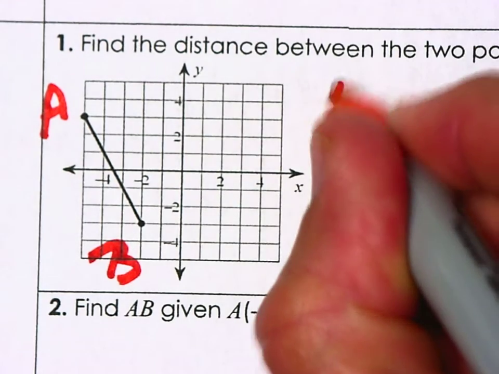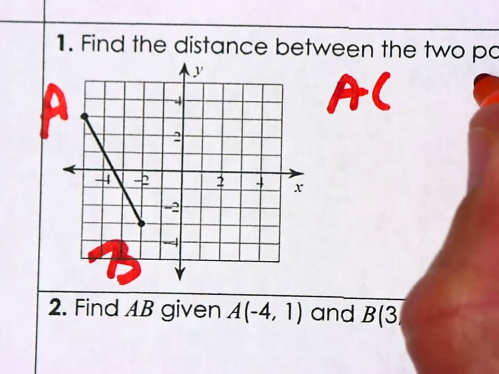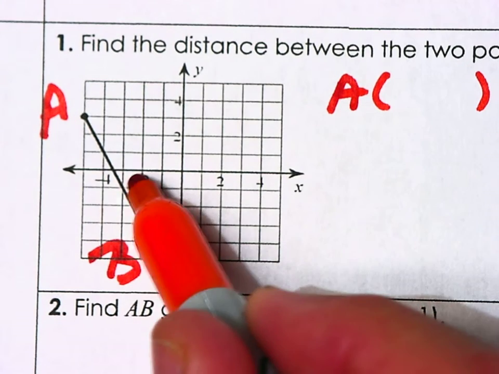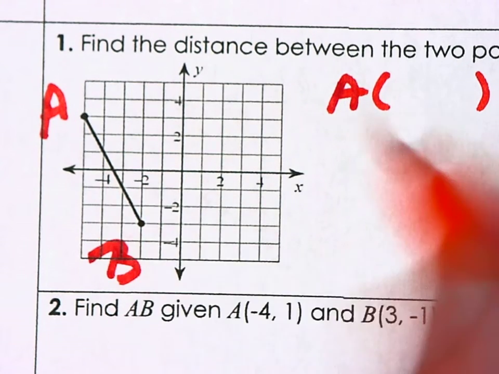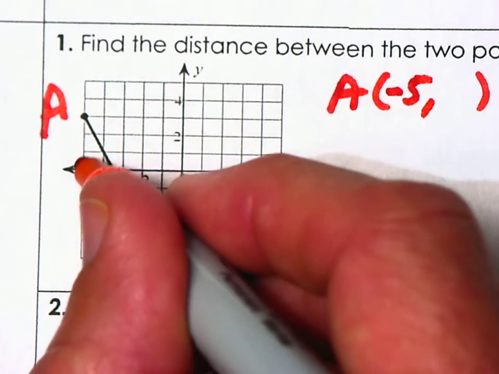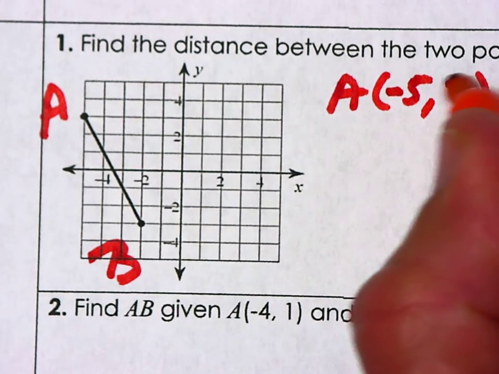So here we go. A, going back to our Algebra 1 skills that we love so much. Look, -1, -2, -3, -4, -5, comma, and you're going up 1, 2, 3.